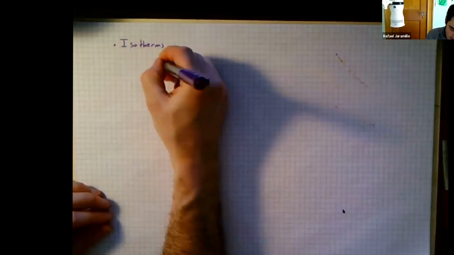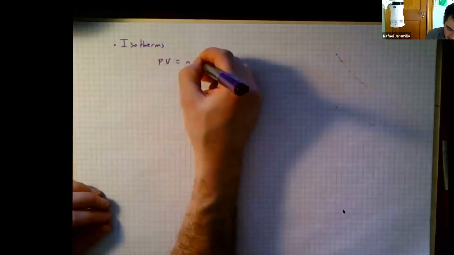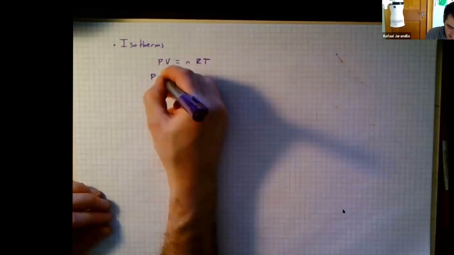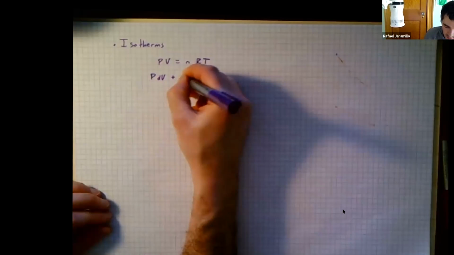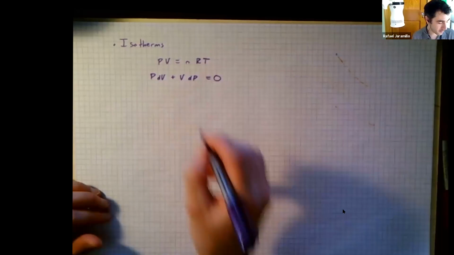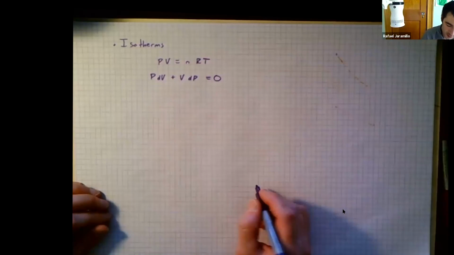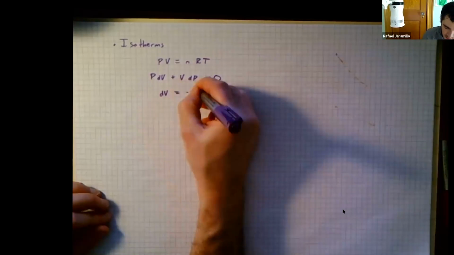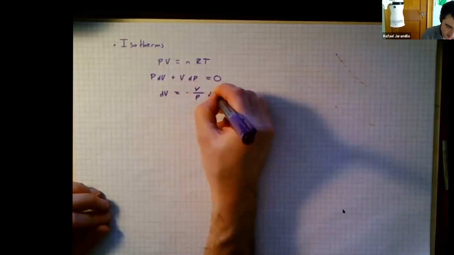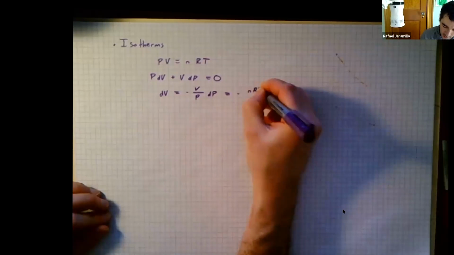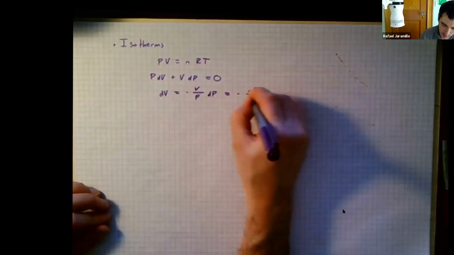Isotherms. PV equals nRT. P dV plus V dP equals what? Zero, if it's isothermal, right? So dV equals minus V over P dP, equals minus nRT over P squared dP.